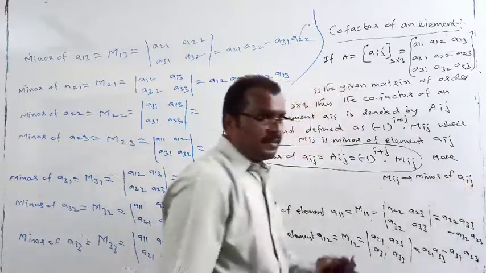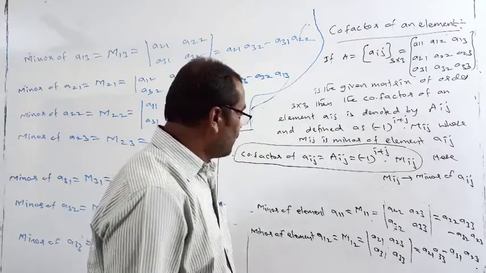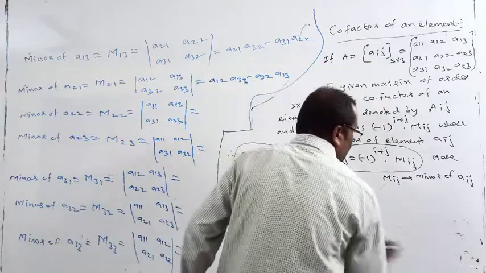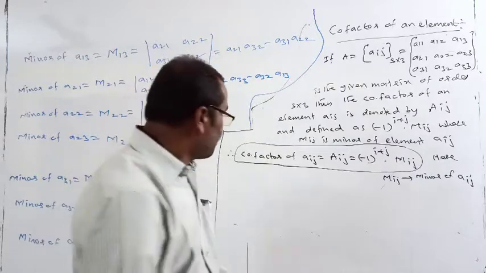Aij means element. Now we can give an example. So just I am writing the cofactors of each element. Example.